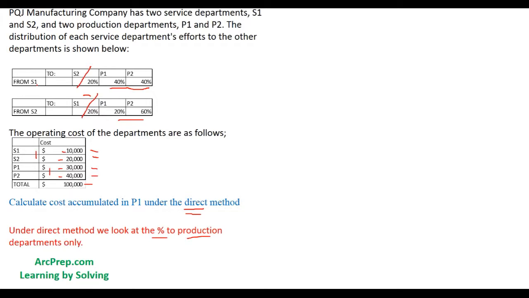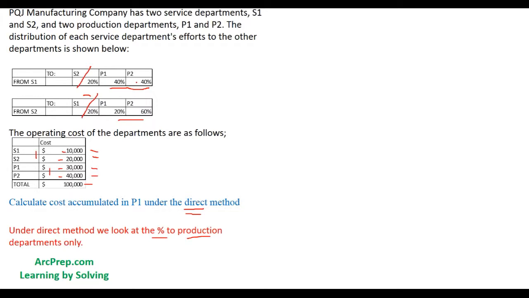Now if I look at S1, if I get rid of S2 under direct method, if I say service departments don't serve each other, then what I'm left here is service department is serving P1 and P2 equally, 40% and 40%.